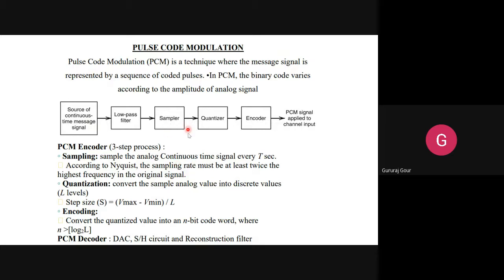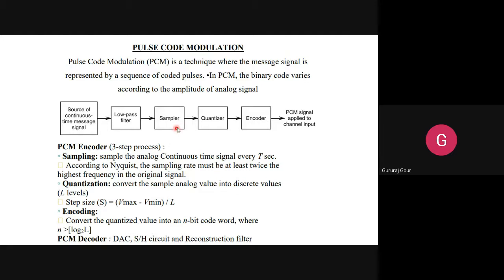The important thing to remember is that when you sample the continuous time signal, the sampling rate should be equal to or greater than twice the maximum frequency component present in the continuous message signal. We use the Nyquist criteria to avoid aliasing, or overlapping between the samples.